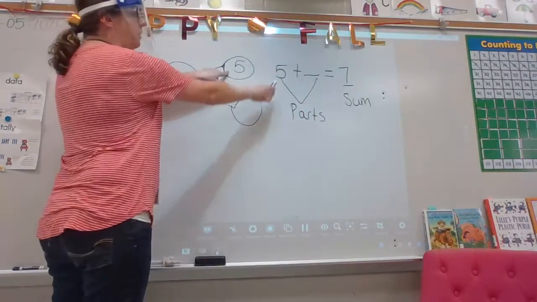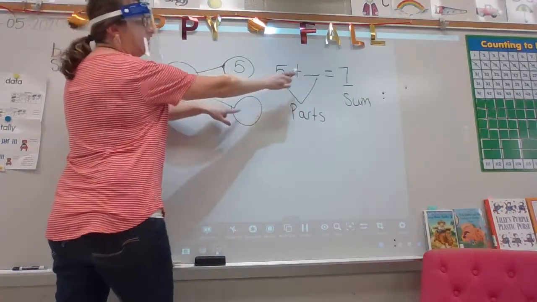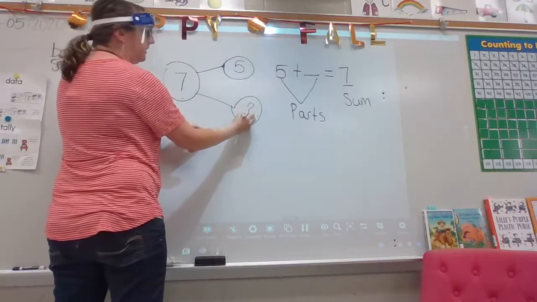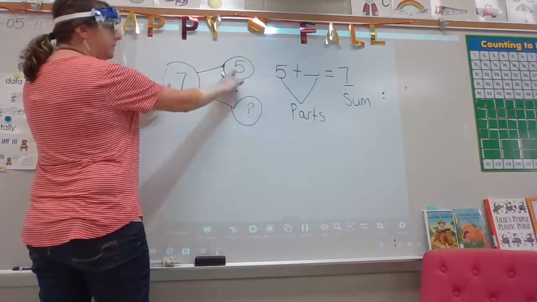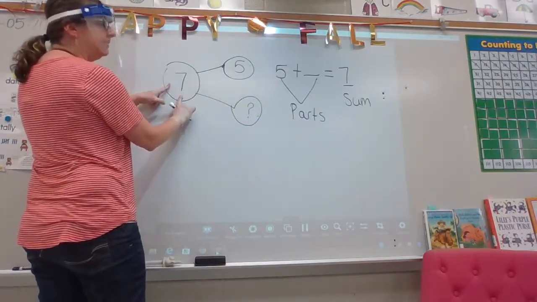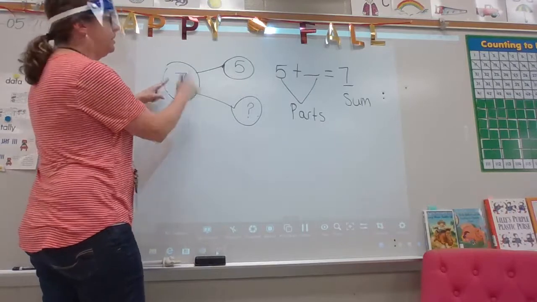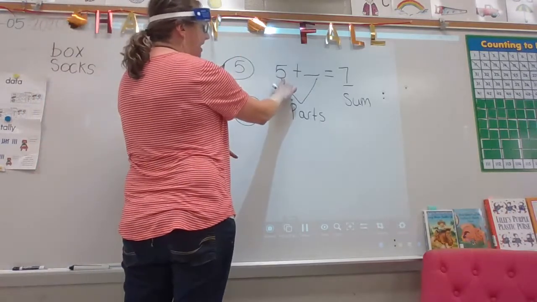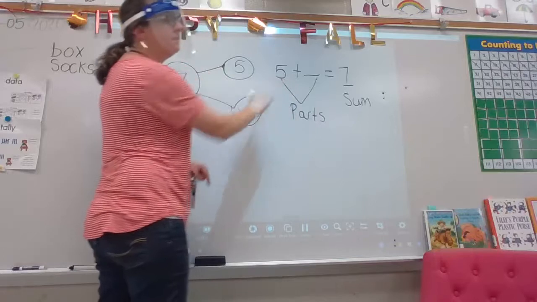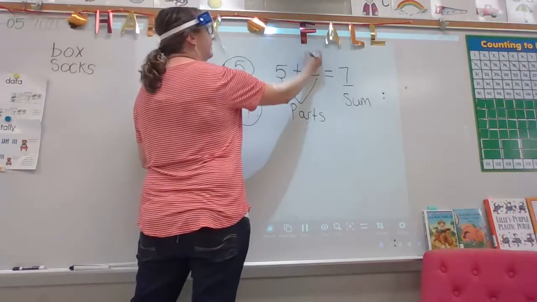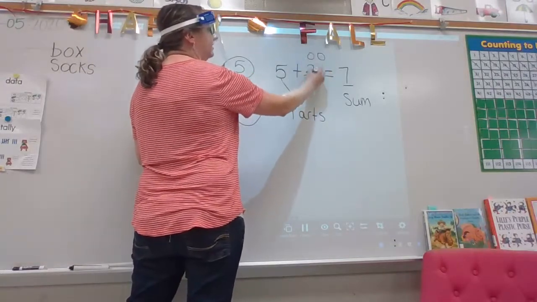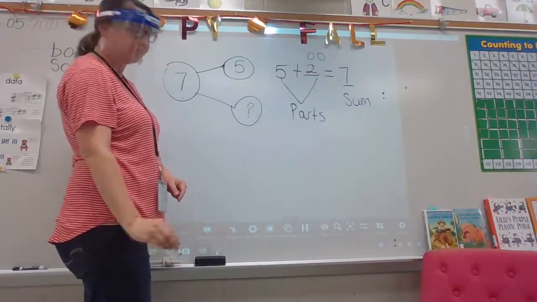So I know that one part is 5. I'm not sure what the next part is, but I know when I put these two together, I have to get 7, which is the sum. So again, I can say 5, continue to count on, 5, 6, 7, so that would be 2.